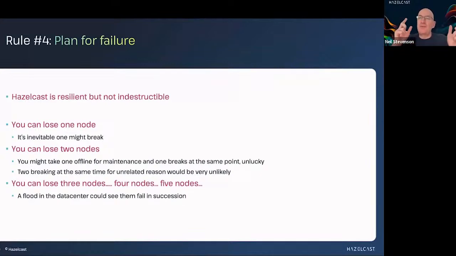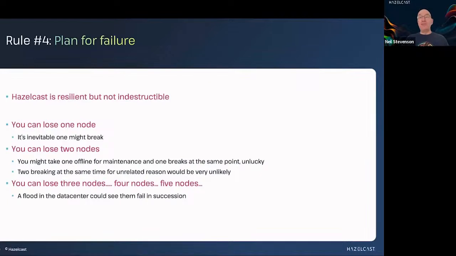So that's 1 in 1,000 times 1 in 1,000, which is now a 1 in a million shot. So two failing for unconnected reasons, unconnected being the key word here, seems pretty unlikely. You might have one that you've taken down for maintenance and another one fails at the same point in time. Oh, it's not been a good day for you. But two breaking at the same time for different reasons is unlikely.